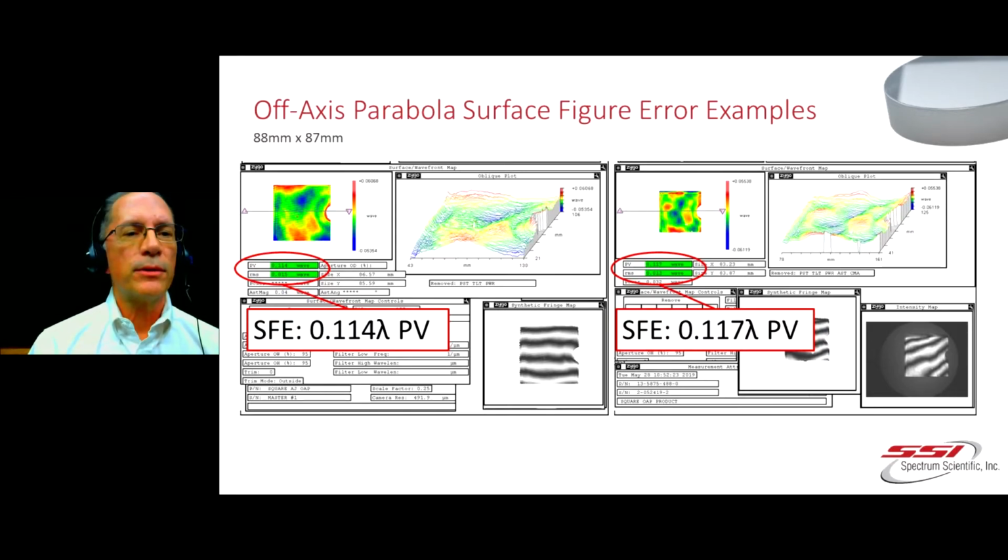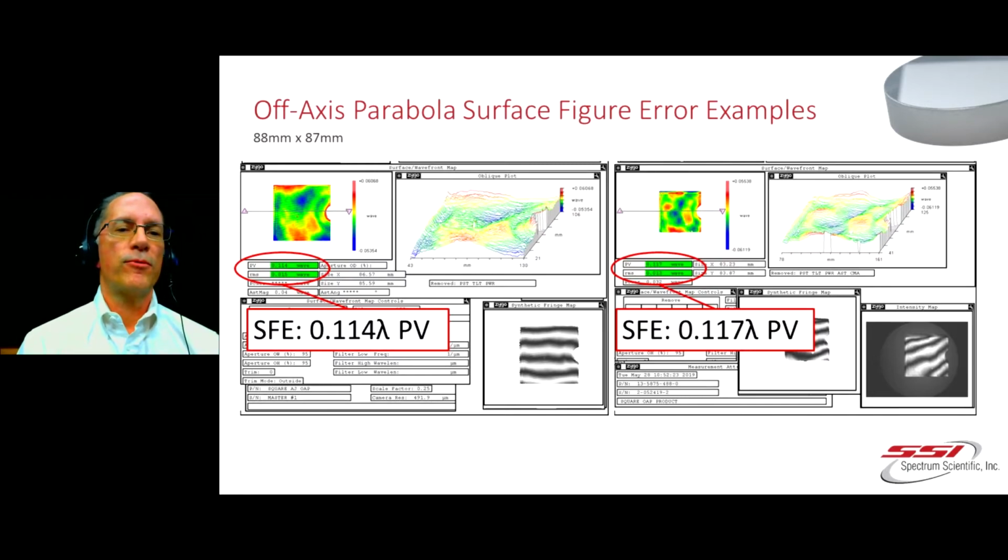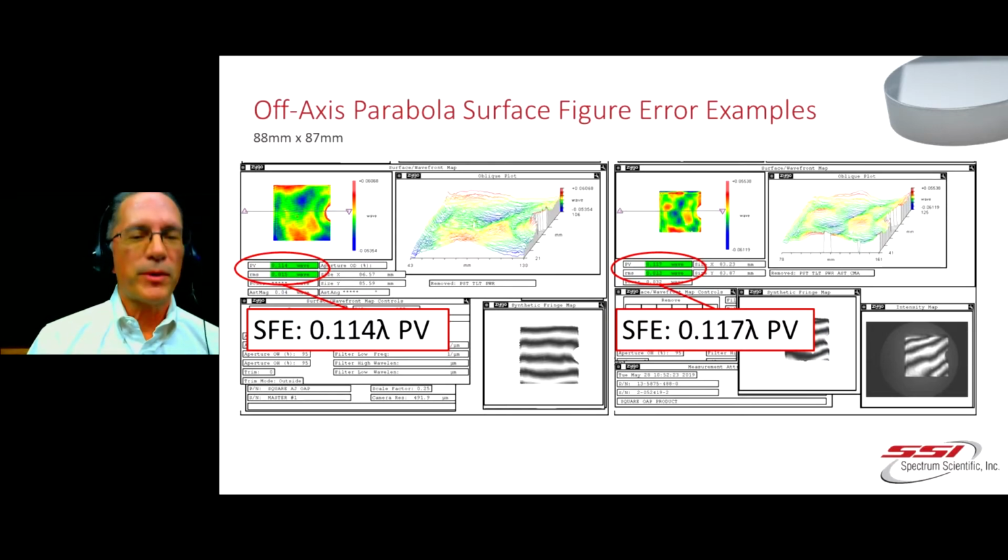The customer needed 8th wave. It's a pretty good sized parabola. This is a square inscribed in a larger circle, so I don't know what the cross section is, but it's probably 4.5, 5 inches in diameter. But as you can see, we're preserving the wavefront nicely, met customer specifications, and we're happy with that.